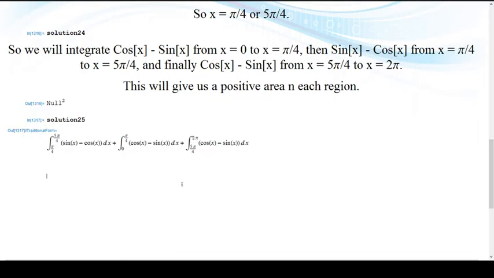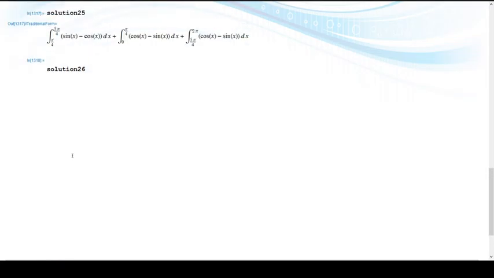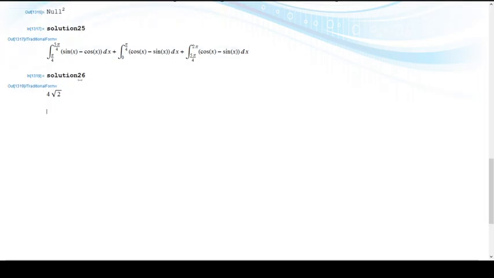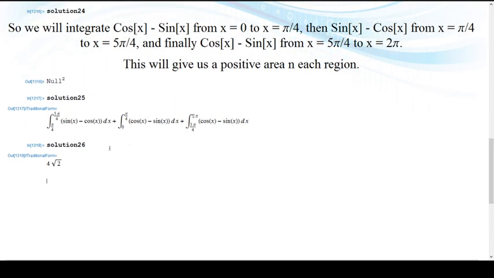The indefinite integral of cosine is sine plus c. We plug in the values and subtract appropriately, getting solution 26, which is 4 times the square root of 2, because we plug in all the values in the appropriate way, and it simplifies to that.